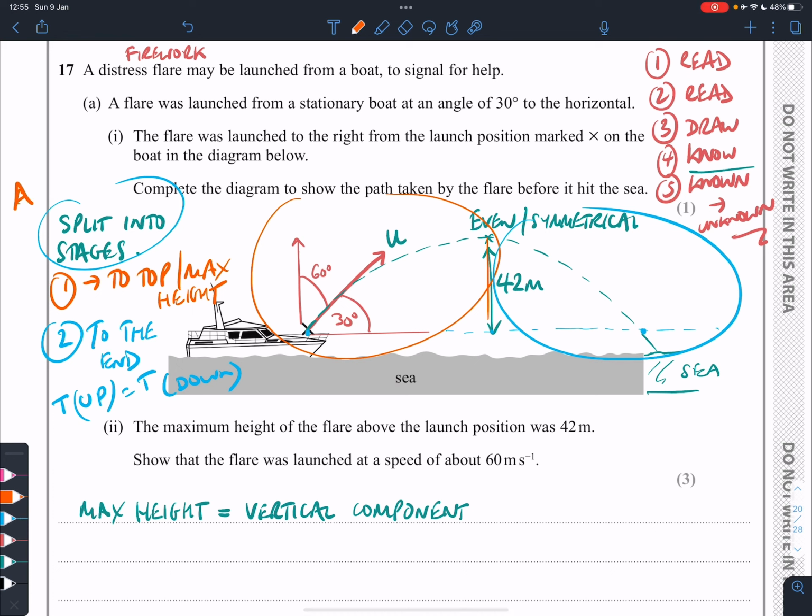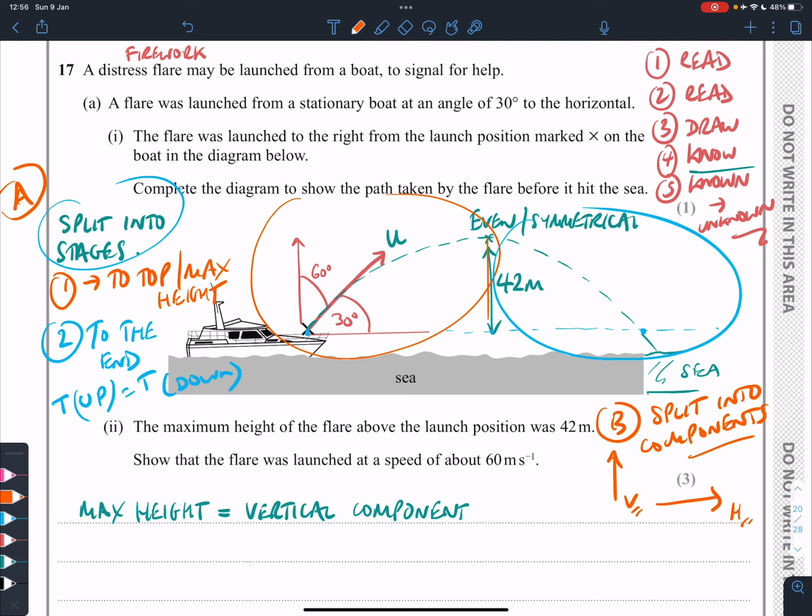So if you call this part A, or strategy A, the other strategy is to split into components, and the components are always vertical and horizontal. And the reason we do that is mainly because we can separate out the effect of gravity, which only works in the vertical component direction.